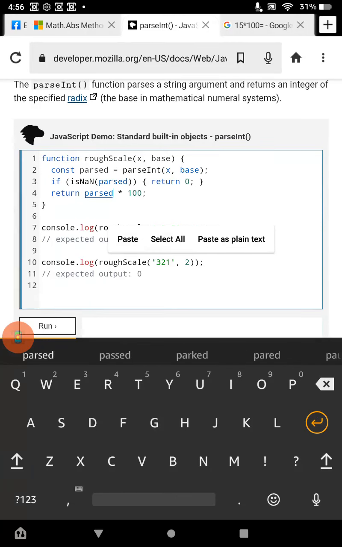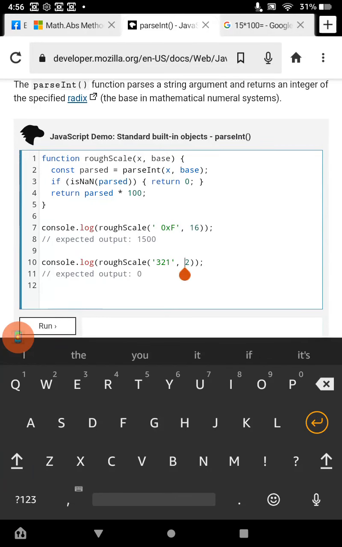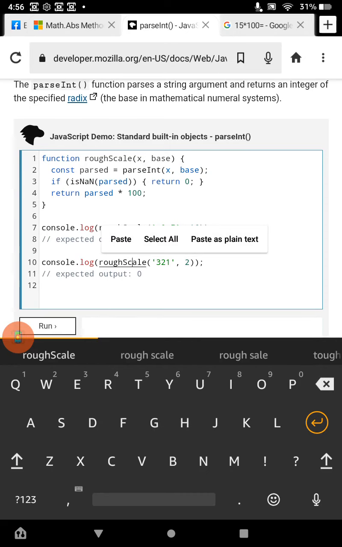This should actually be the value of 10 instead of 2.